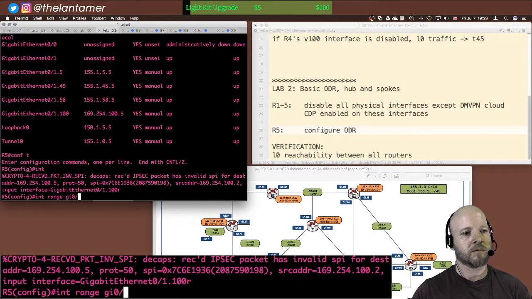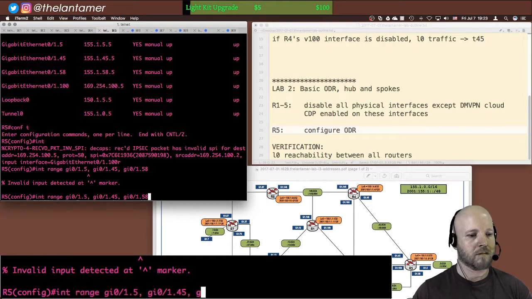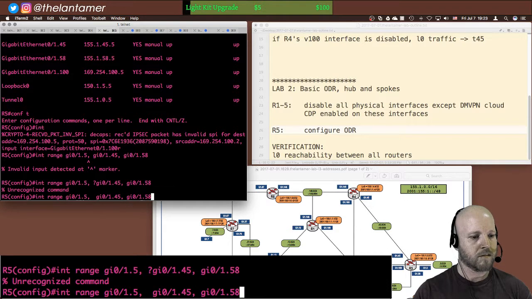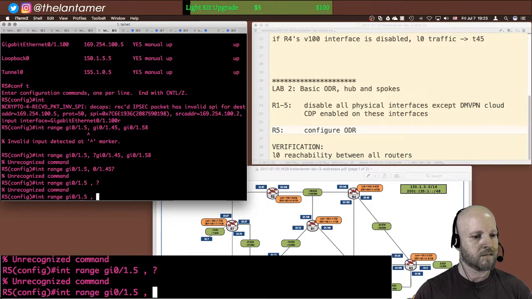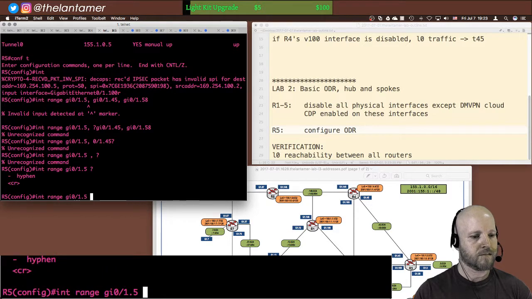It doesn't like that. It's 0/1, 4, 5. Only wants a hyphen there?